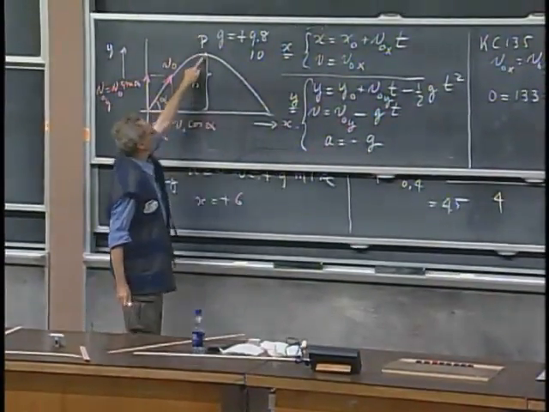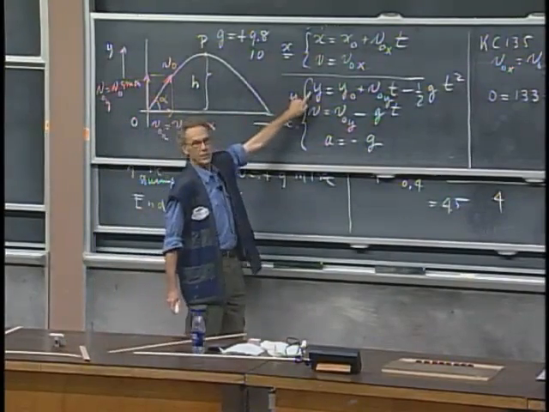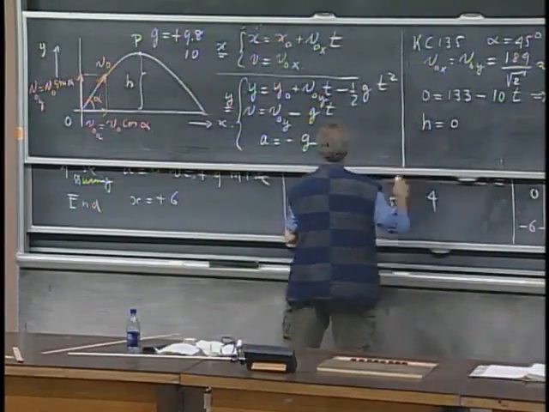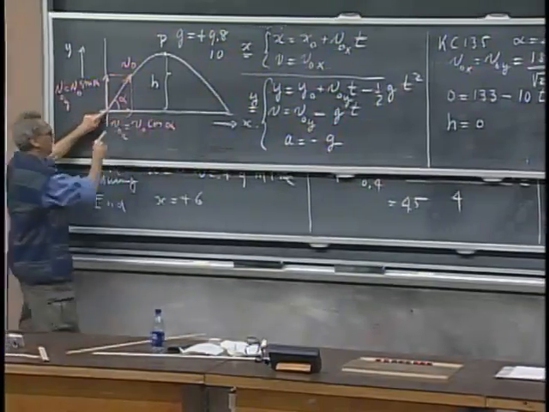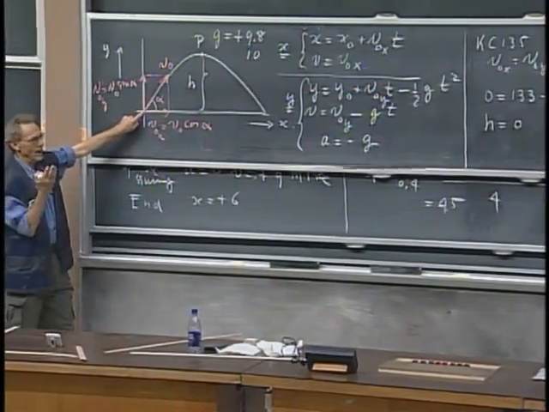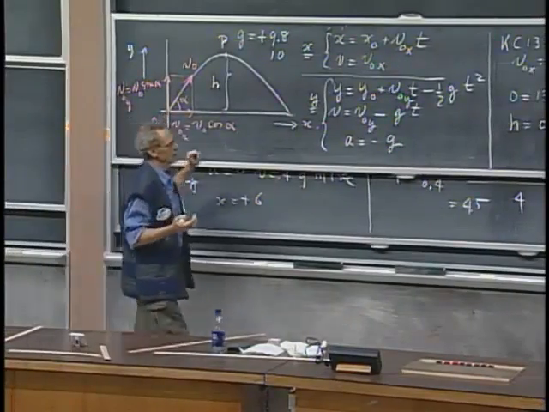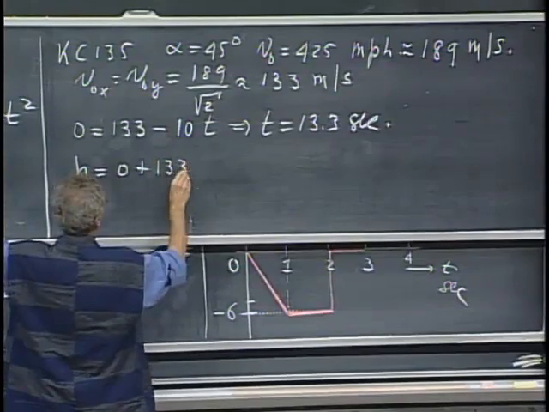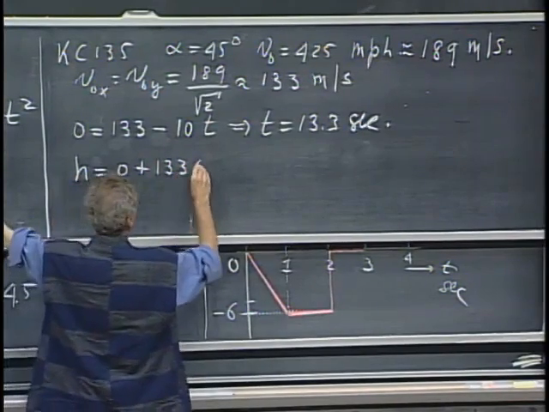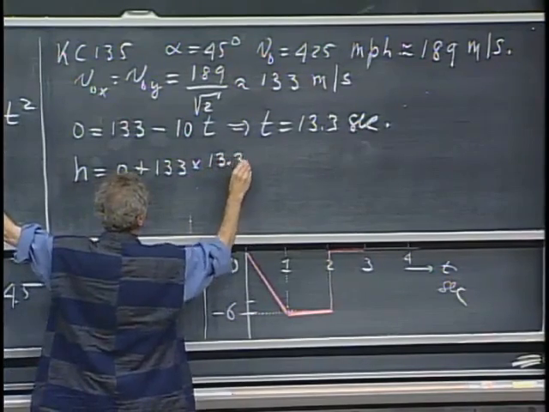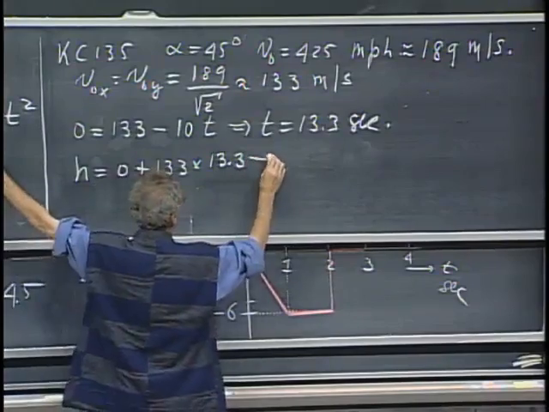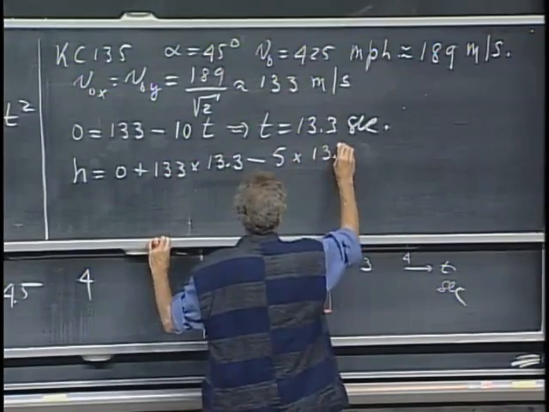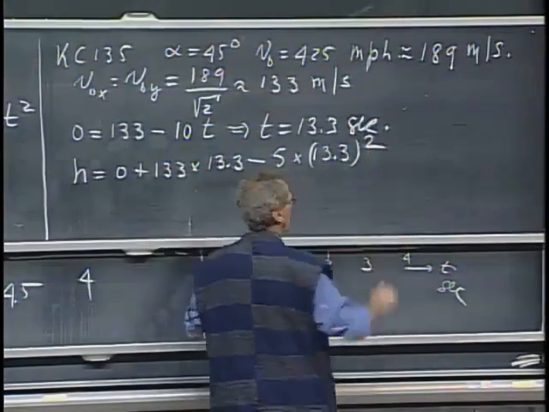What is this distance h now? Now I have to go to this equation. I say y0 equals 0, because I'm going to define the point where the plane starts its trajectory. I call that y0, 0. I'm free to do that. h equals 0 plus 133, that is the speed, times 13.3 seconds, minus 1/2 times g, that is 5, times 13.3 squared.